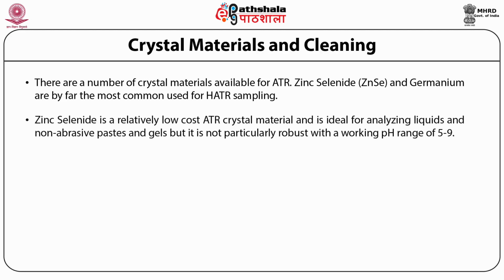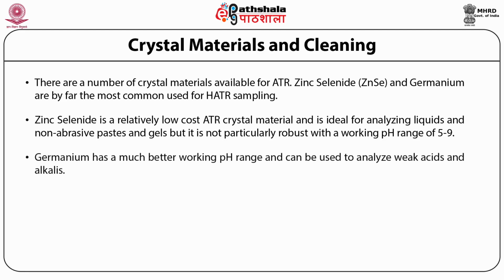Zinc selenide is a relatively low-cost ATR crystal material and is ideal for analyzing liquids and non-abrasive pastes and gels, but it is not particularly robust, with a working pH range of 5 to 9. Zinc selenide scratches quite easily, and so care must be taken when cleaning the crystal. It is recommended that lint-free tissue is used.